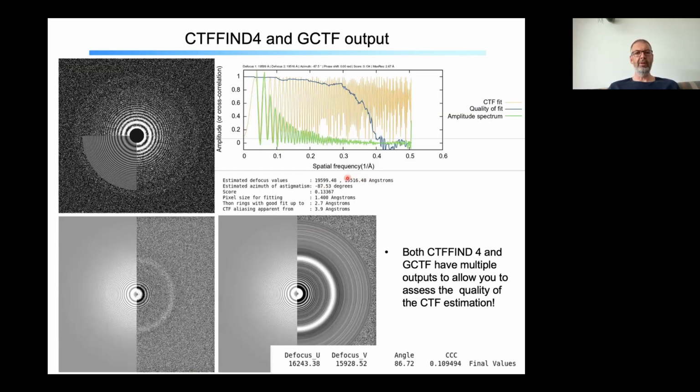It will generally give you two defocus values, an angle of astigmatism and a score, and it also gives you the confidence of where it thinks it can measure the contrast reversals up to. In this case, 2.7 angstroms. Again, GCTF does essentially the same thing.